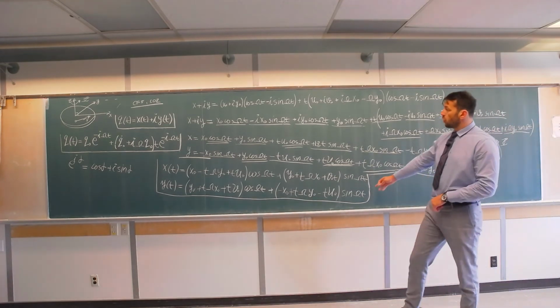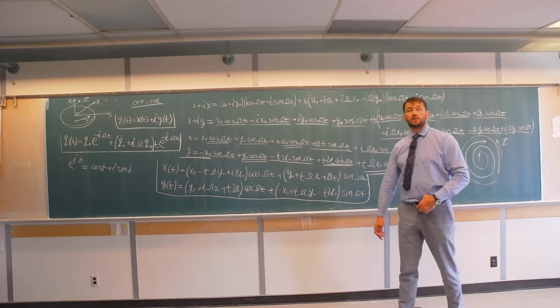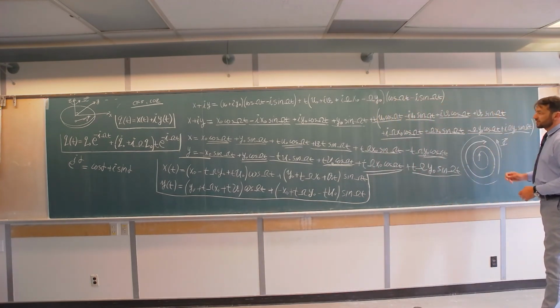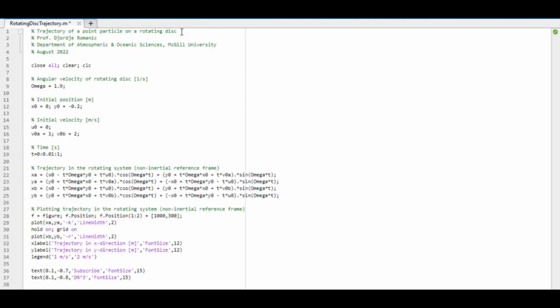Of course, you can code these equations in a computer code, let's say MATLAB, and get these trajectories on your own. Here we have a very simple code that is analyzing the trajectory of a point particle on a rotating disk. We specify angular velocity of the rotating disk and initial position of the particle, which can be any position you want.